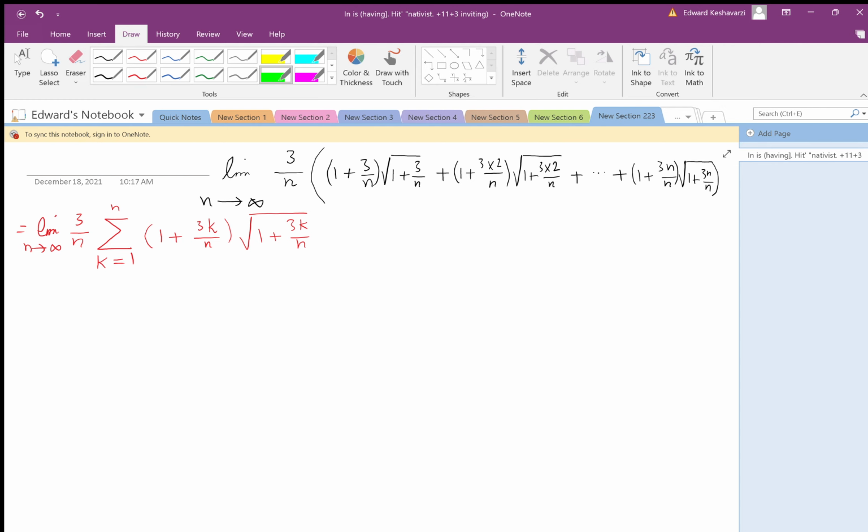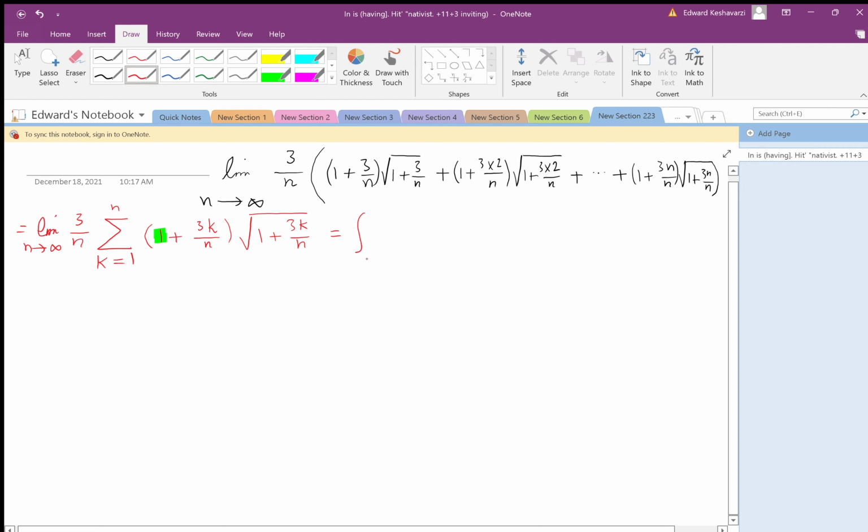Again, it's not too hard to notice that a is 1, therefore it becomes integral from 1 to, also b minus a is 3, and once a is 1, b has to be 4, and your function obviously is x, square root of x dx. This can be written as x to the power of 3 over 2 dx.